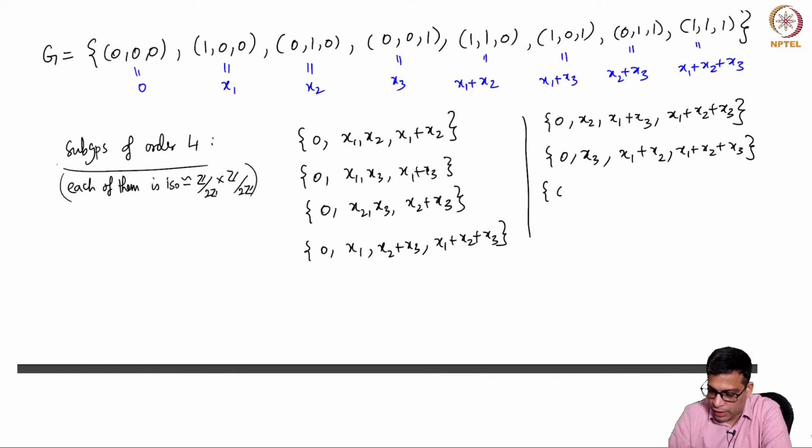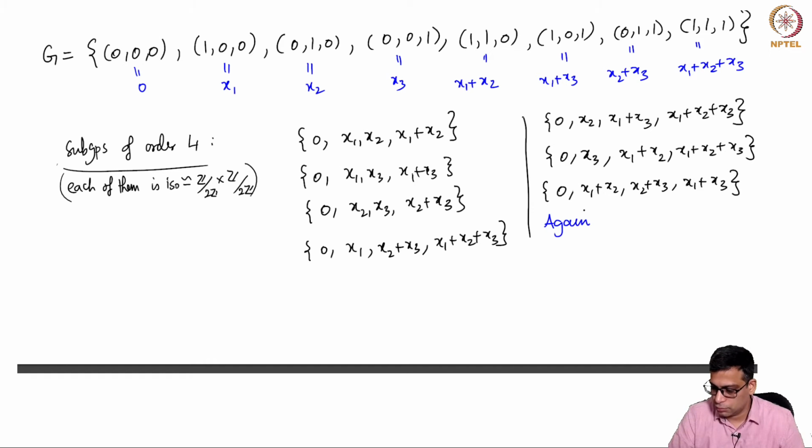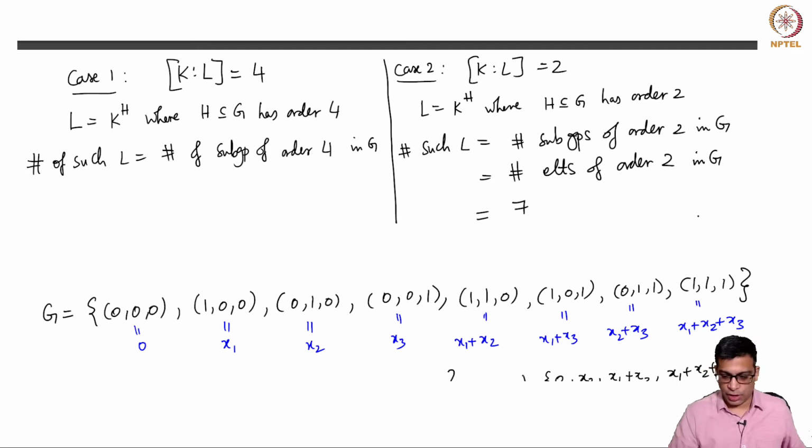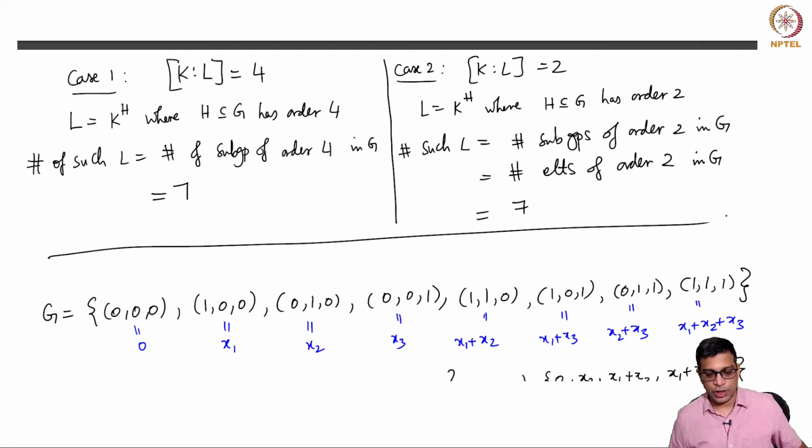So I now can take one without x1 or x2 or x3. So then I can take x1 plus x2, x2 plus x3, and then if I add them I'll get x1 plus x3. So there are again 7 of them. Okay, so there are 7 such groups. So there are 7 such intermediate fields.